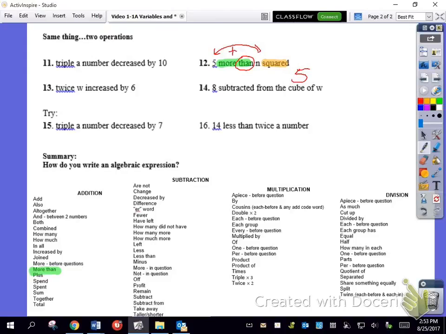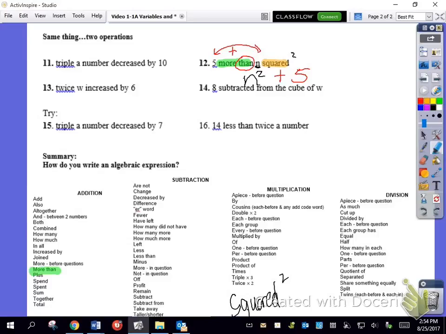More than is plus. So put that plus right next to the 5. The 5 will go right behind the plus sign. The n squared. So that was what we added. Remember, squared is when you have to the second. That means you have an exponent of 2. Okay? What do I have squared? I have this n. So in the front of the plus sign, I'm going to put n with the exponent 2. So n squared plus 5 is 5 more than n squared.